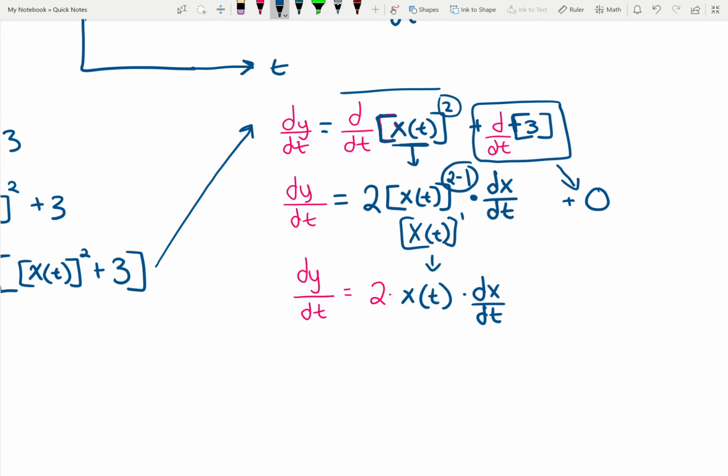Alright, so we've simplified this thing as much as possible. Now where do we go from here? Well, now we have to go to the given of the question.